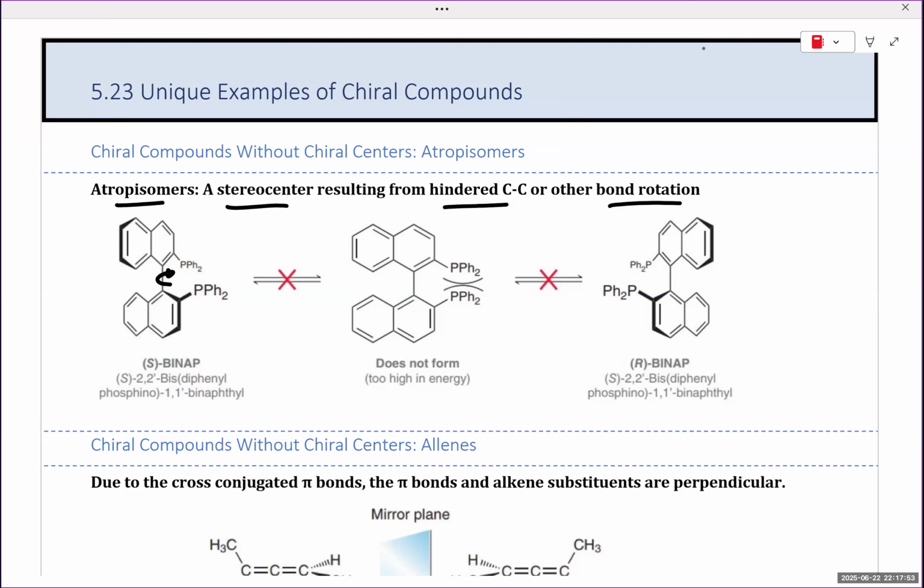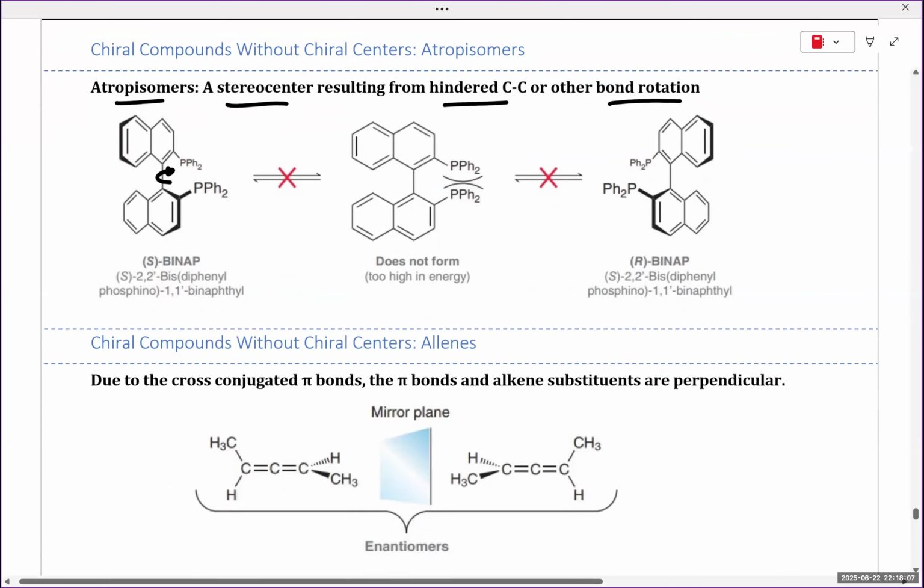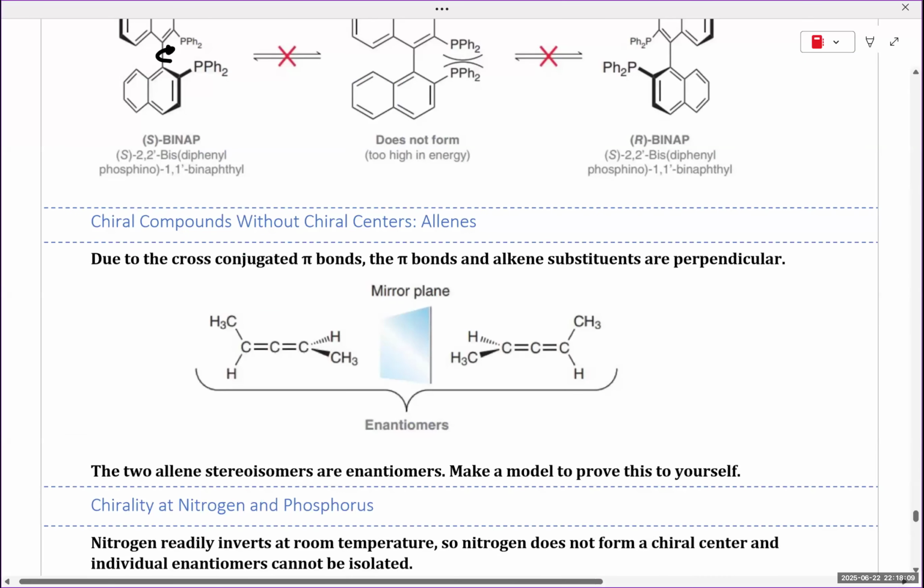So you can have S and R BINAP based on the relative 3D arrangement of your aryl group substituents across this carbon-carbon bond. The second case of a chiral compound without a chiral center are allenes. Due to cross-conjugated pi bonds, the allene substituents are perpendicular to one another.